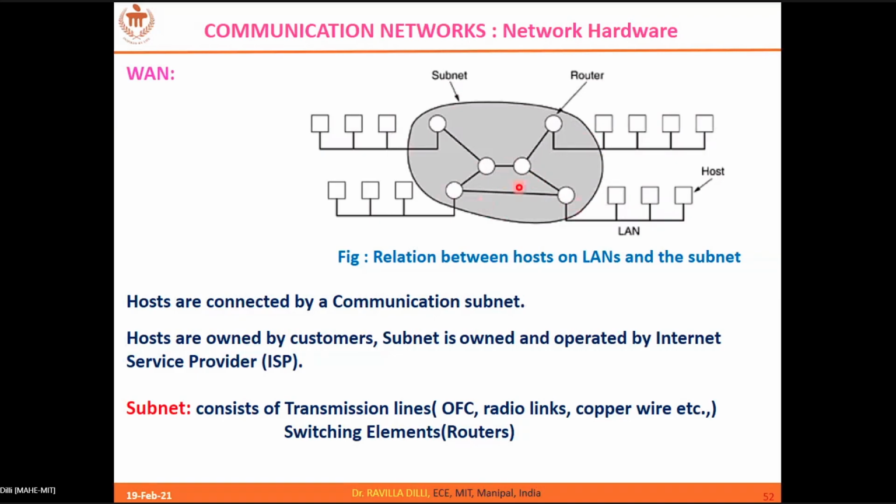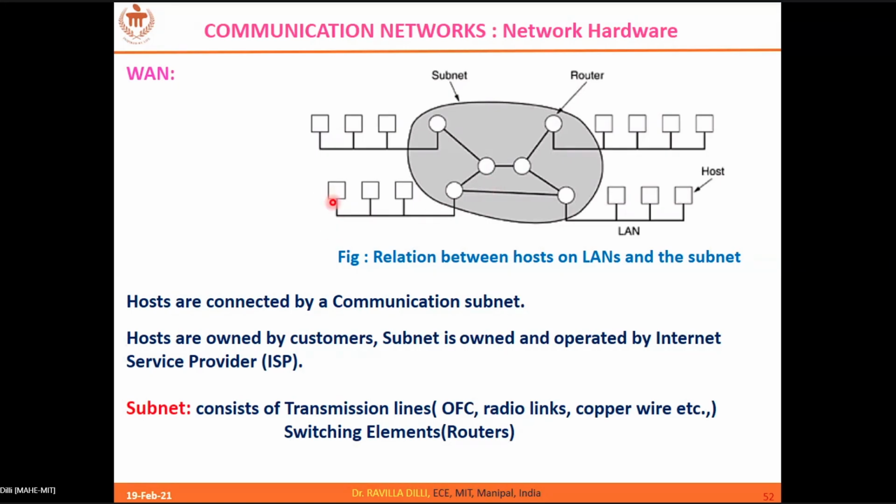Okay, where the routers are present, the job of the router is just to move the content from one device to another. For example, being a user in the Mahe network, I want to send an email to my friend who is maybe in another state or another country. So how do things work here?